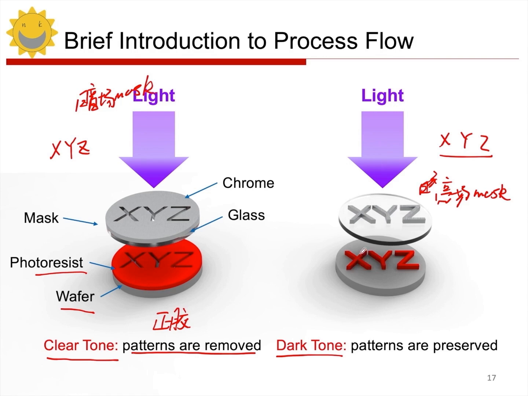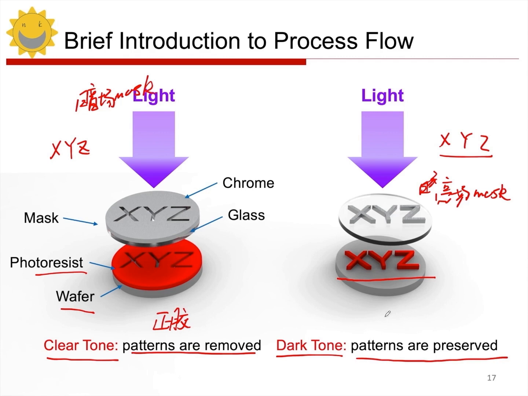The photoresist at positions X, Y, and Z will not be exposed to light, while the other positions will be. Since we are using positive photoresist, the areas that receive light exposure can be washed away. After photolithography, the pattern in the photoresist will become X, Y, and Z. So you can see that the patterns X, Y, and Z are preserved. This is why we call it dark tone. It actually means that the patterns are preserved.